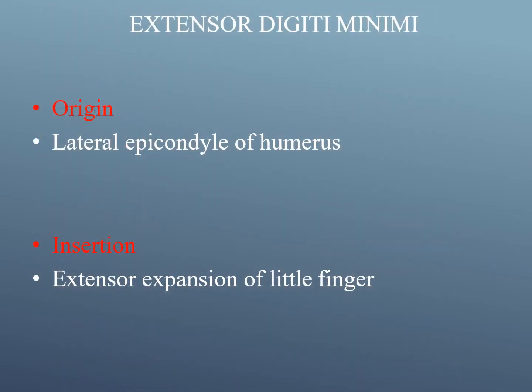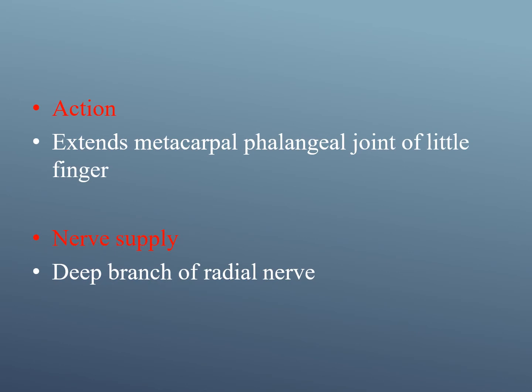It originates again from the lateral epicondyle of the humerus and it is inserted on the extensor expansion of the little finger. It extends the metacarpophalangeal joint of little finger, that is, it extends the whole little finger. Nerve supply is deep branch of radial nerve.